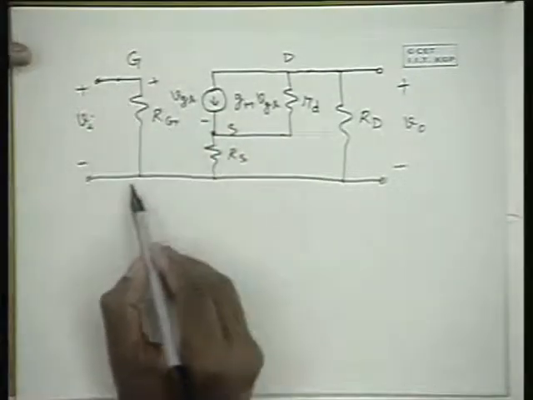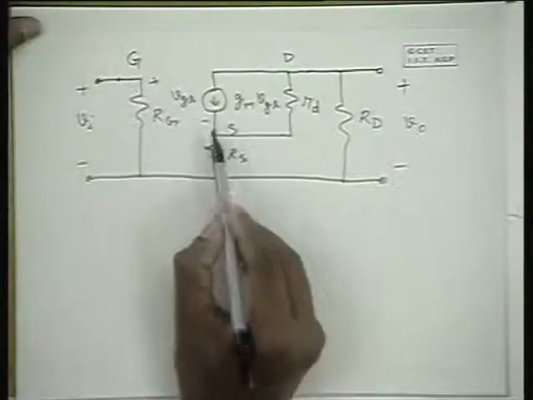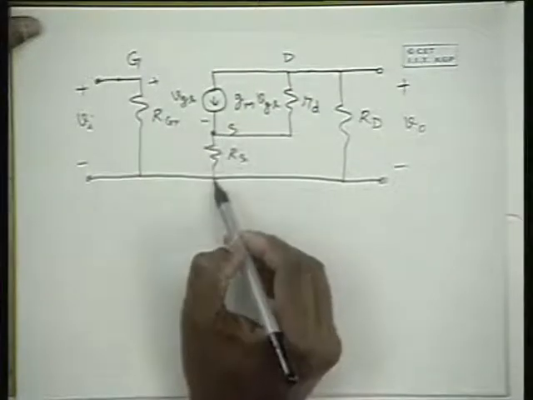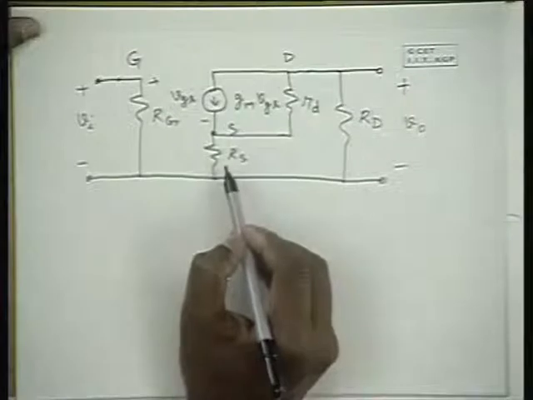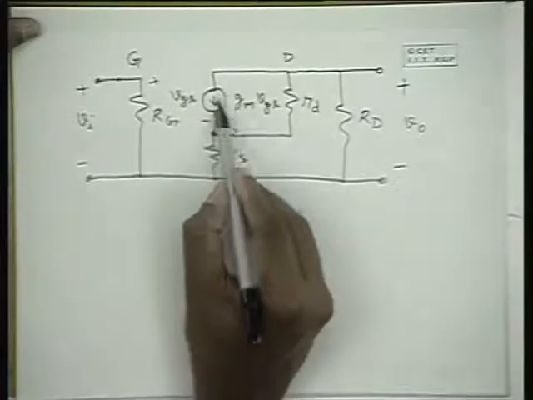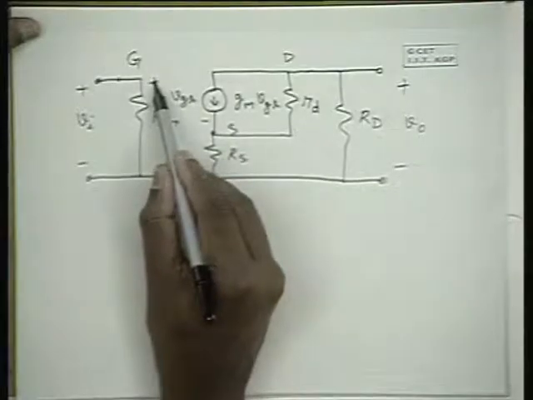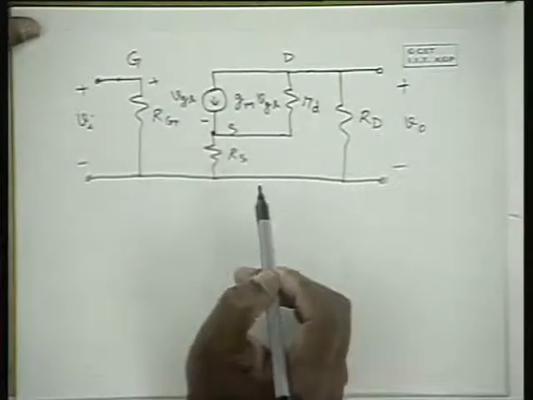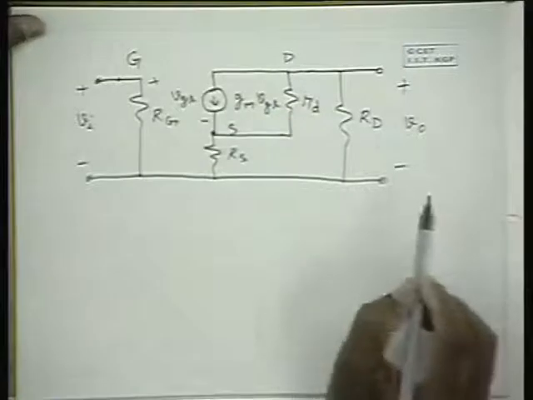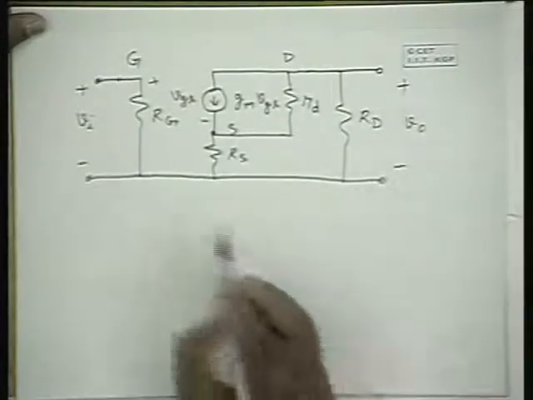So the input gets divided between VGS and the source-to-ground voltage across RS. Please note that this gm VGS, this VGS is the potential between gate and source. Now analyze this circuit and find out the various parameters of the amplifier.